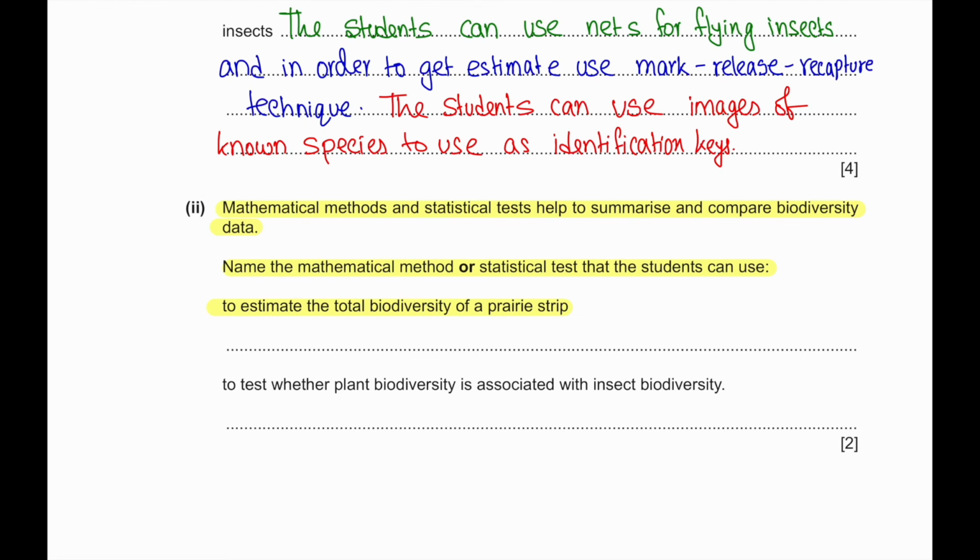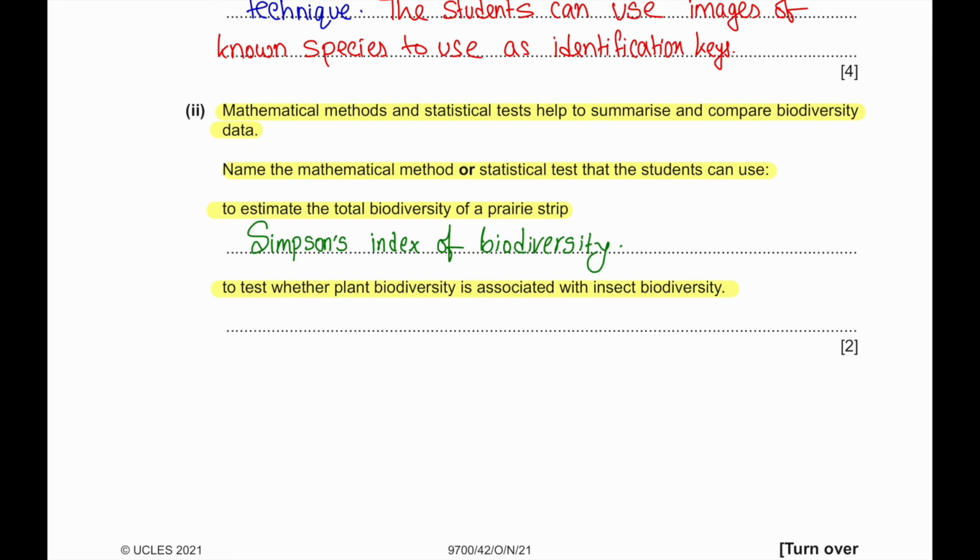So, to estimate the total biodiversity of a prairie strip, Simpson's index of biodiversity can be carried out. To test whether plant biodiversity is associated with insect biodiversity, Pearson's linear correlation coefficient can be carried out.